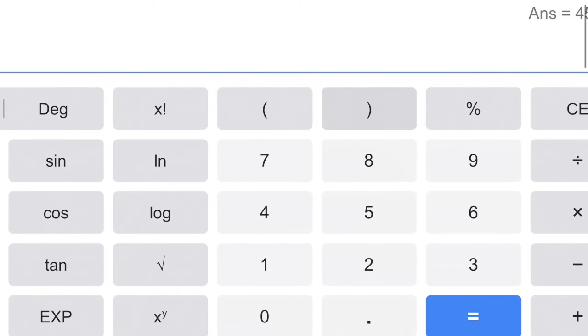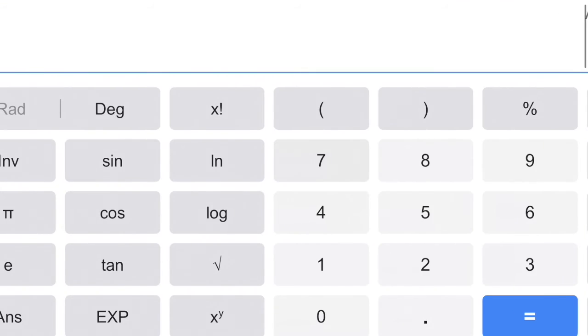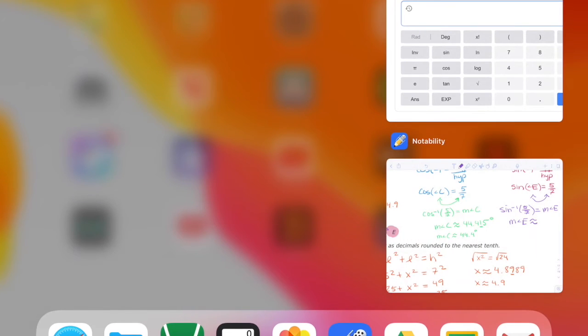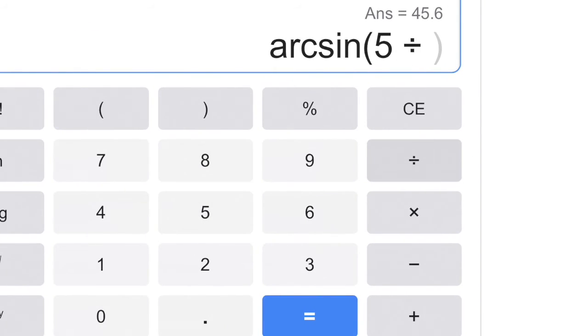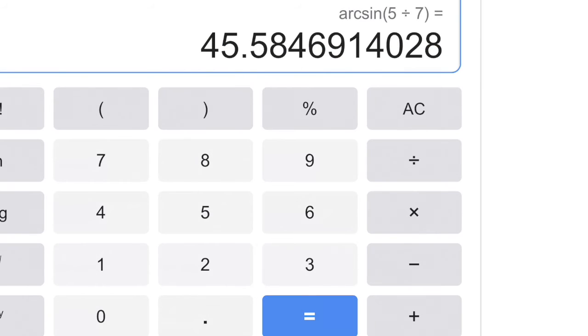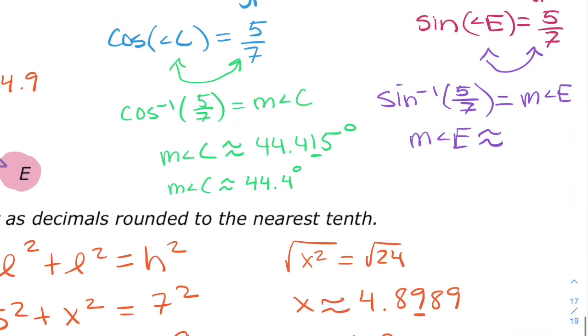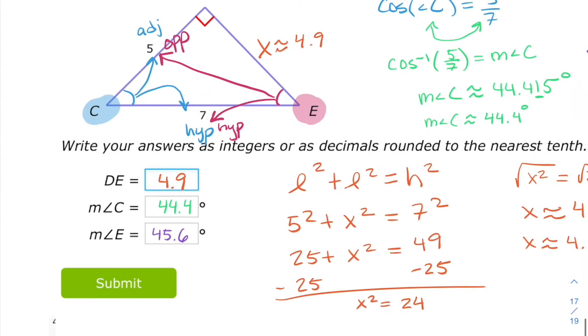Now we should get about 45.6. 45.58, and that rounds up to 45.6, which is what we have.